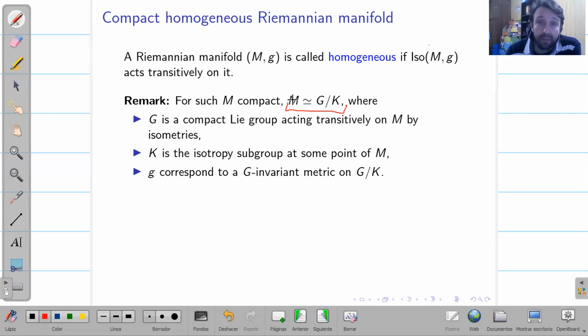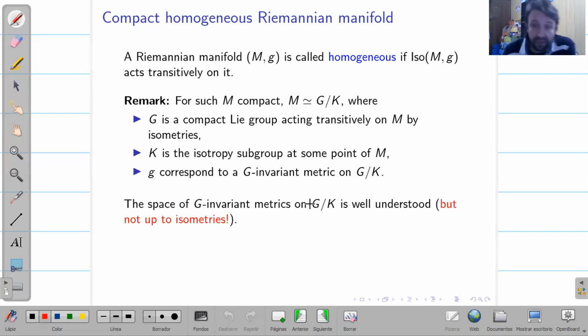Moreover, the Riemannian metric of M is identified with a G-invariant metric on G over K. And actually, if you fix G and K, the space of G-invariant metrics is parameterized in Lie theoretical terms in a pretty simple way. But this space is not understood up to isometries. That's a problem. But it is well understood as the whole set of G-invariant metrics.